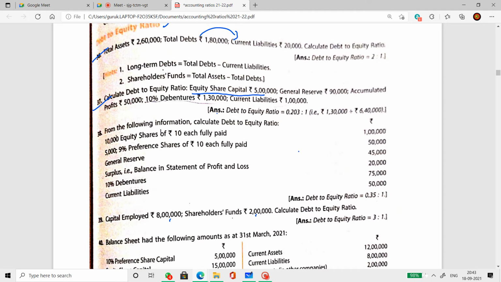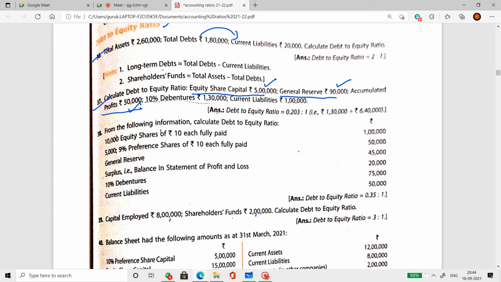Equity share capital is 5 lakhs. General reserve is 90,000. Accumulated profit is part of reserves and surplus. Shareholders fund comprises share capital plus reserves and surplus. So 5 lakh plus 90,000 plus 50,000 contributes shareholders fund.